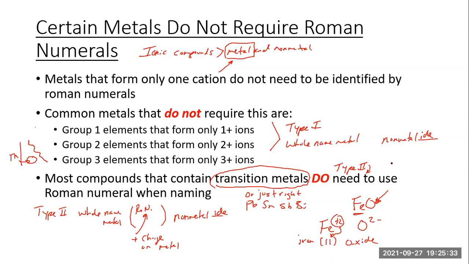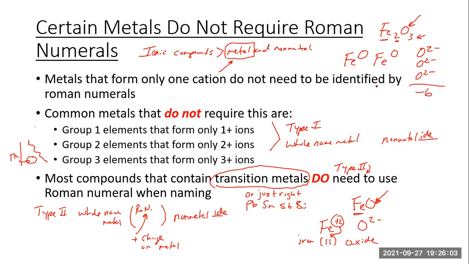That would be different than if we had Fe2O3, the same two elements, iron and oxygen, but a little bit different here. We have iron, and again we're not sure what the charge is, but we also have two of them. We do know the charge on one oxygen is -2, and there are 3 of them, so if we draw it out, we can count up all the negative charge, which equals -6.